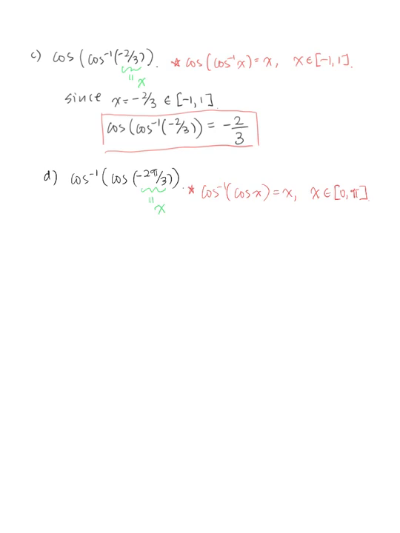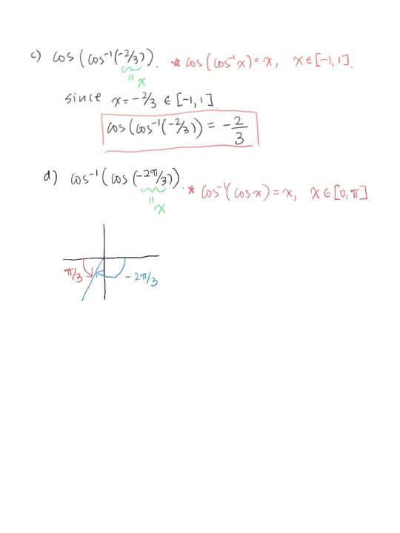So in that case, what we need to do is come up with the reference angle. So let me draw a picture again. Okay, so negative 2 pi over 3. It looks like our reference angle is going to become pi over 3.